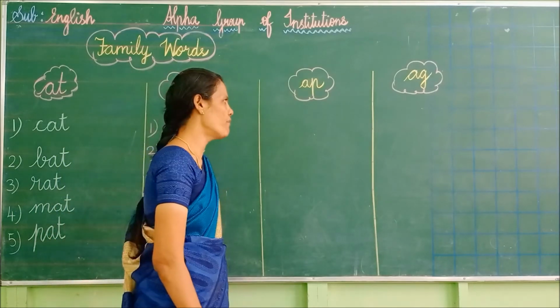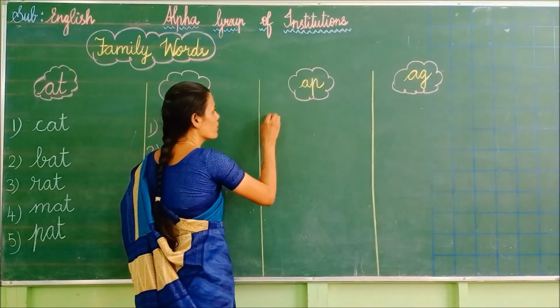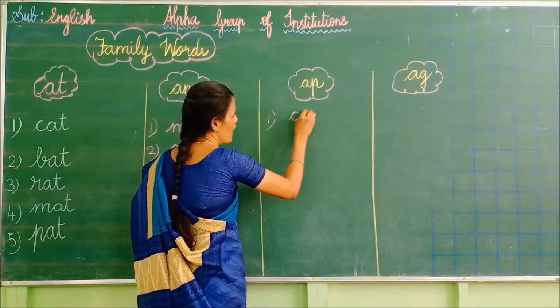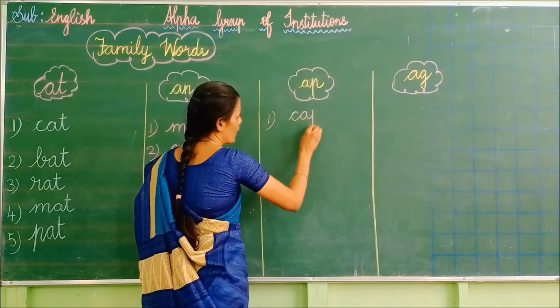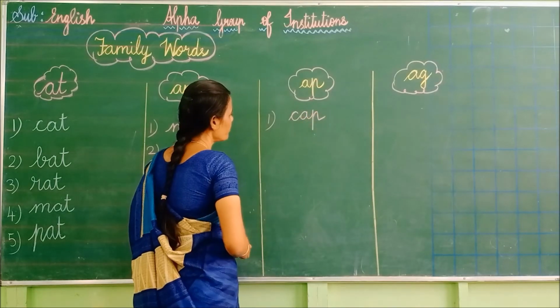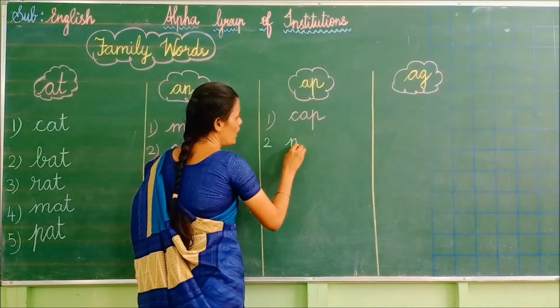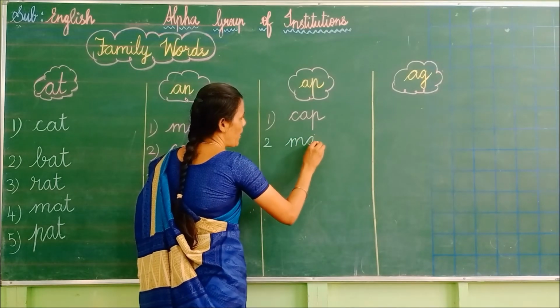Now on to ap family. First one, cap. Ap. Cap. Next one, map. Ap. Map.